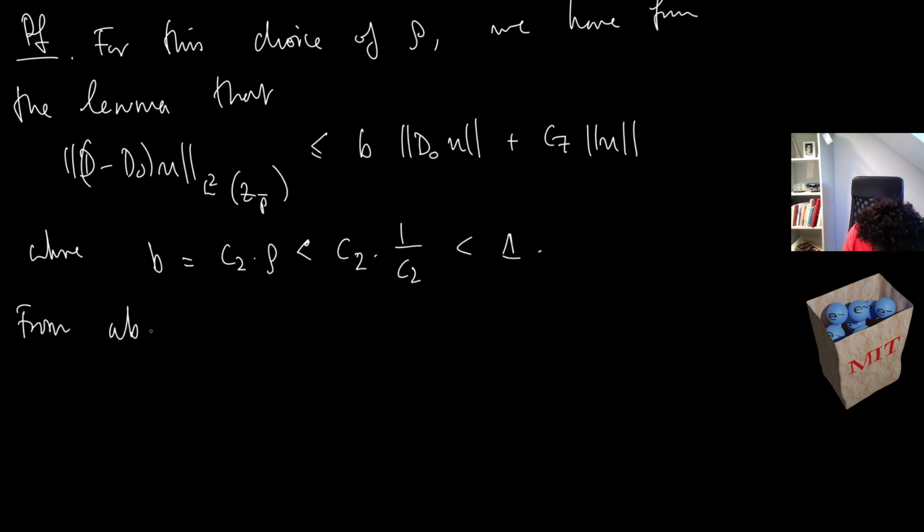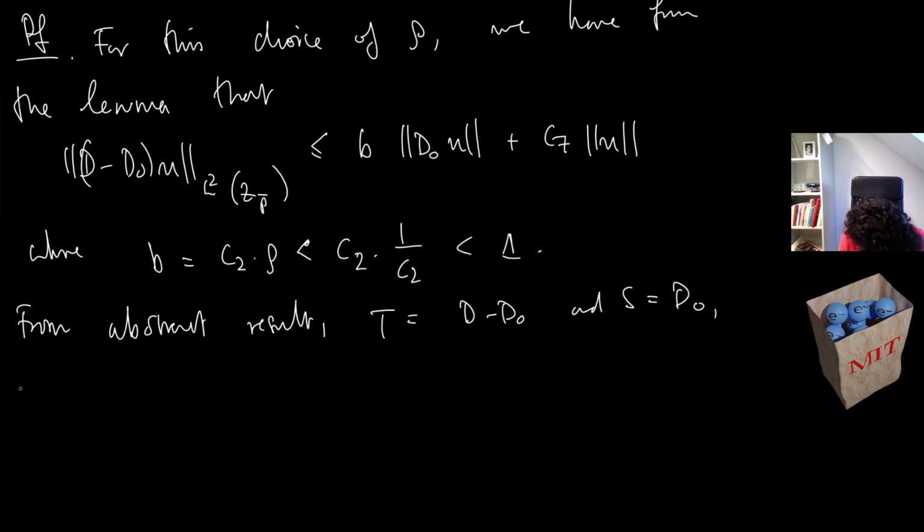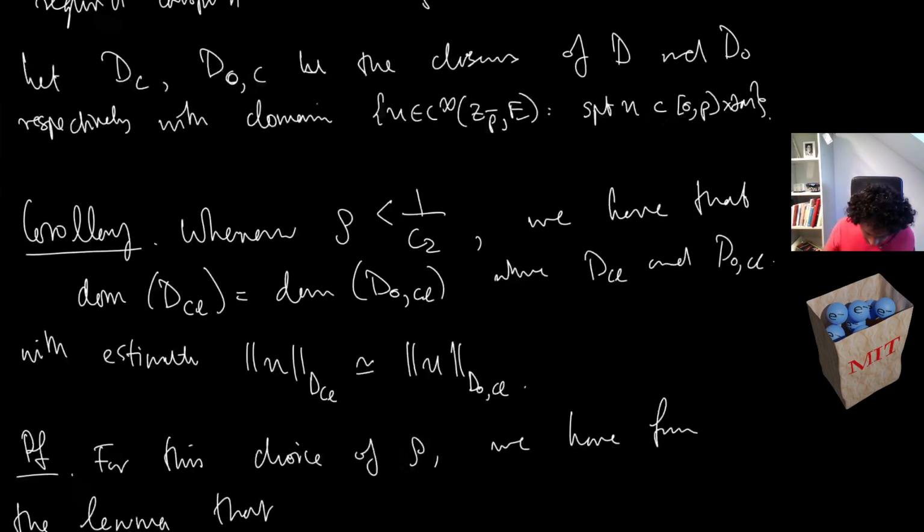So from the abstract result, with T equal to D minus D_0 and S equal to D_0, we obtain... So actually in the abstract result, I think it was S and T plus S, sorry.